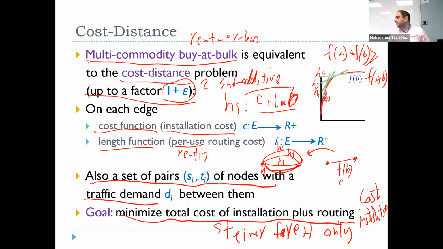Only we have this function C, because you just pay, and then you can use it infinitely. But the issue is that in the real world, you cannot use it infinitely. So for any additional usage, you need to pay. And that's what the demand pairs essentially are.